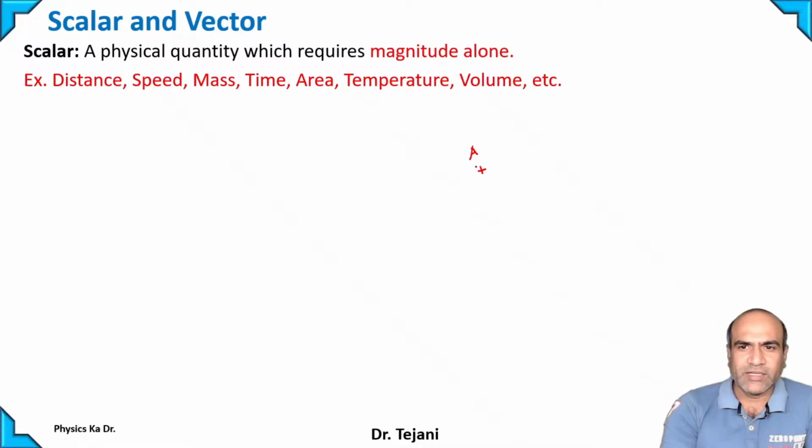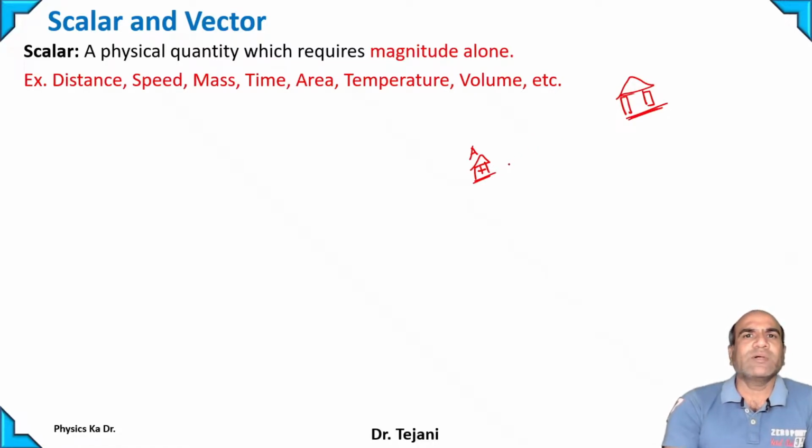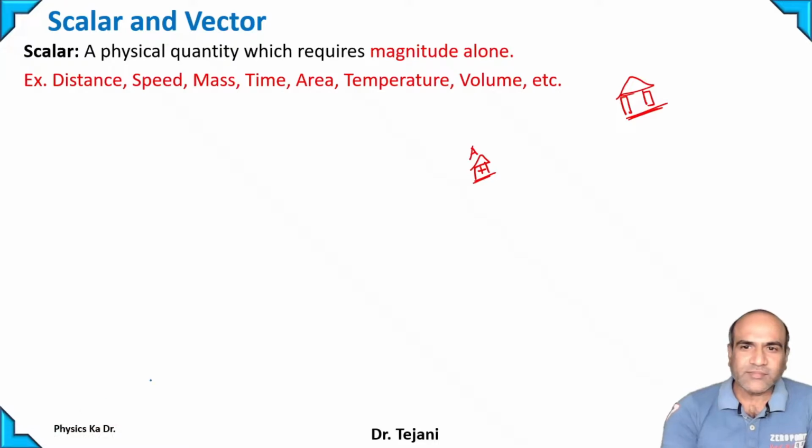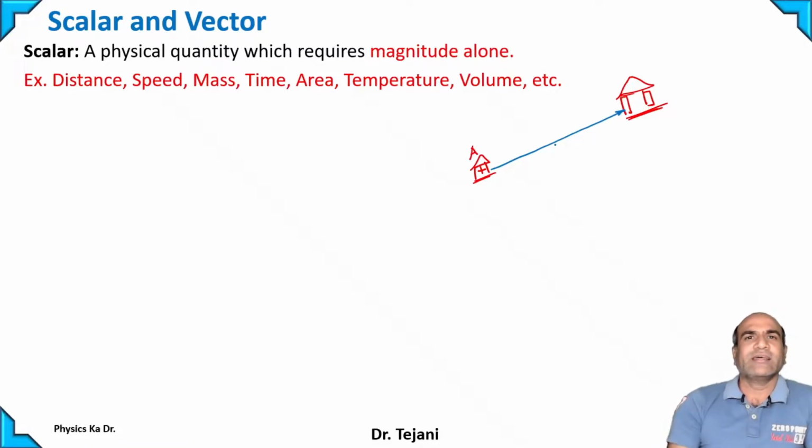This is a place where she lives, so that is her house, and somewhere here her school is located. As per her mother's thought, she should go from home to school directly. And say, for example, this is some straight distance where the school is located.